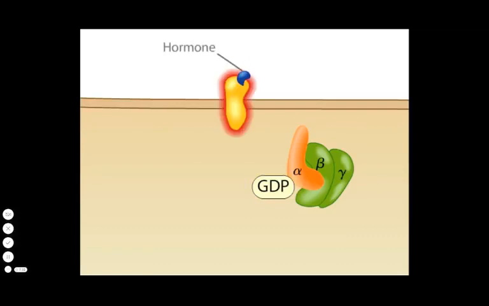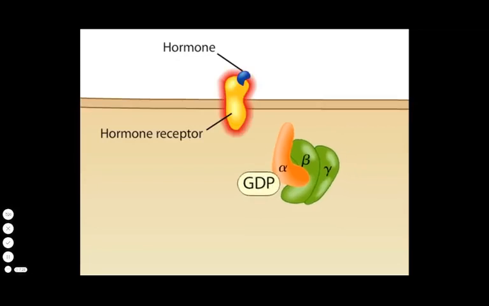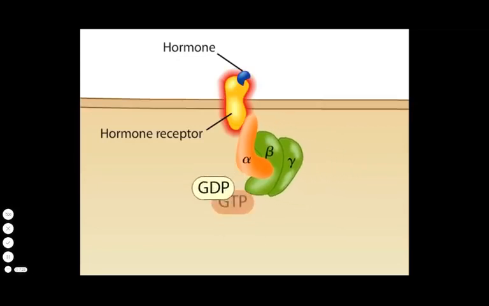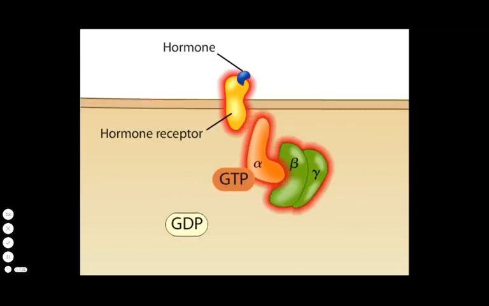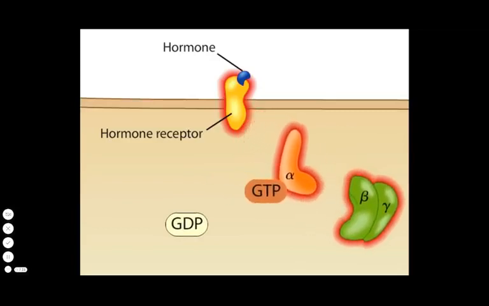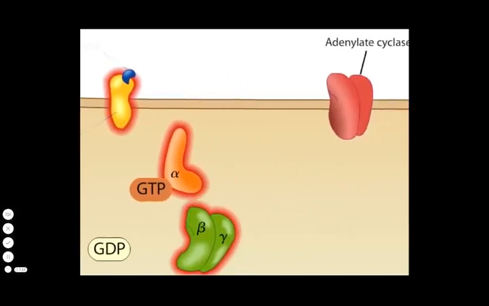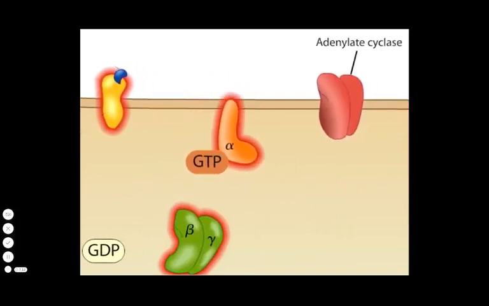When a hormone activates an appropriate receptor, the activated receptor can activate the G protein, allowing it to release GDP and take up GTP. The alpha subunit separates from the beta and gamma subunits. The activated alpha subunit can bind to and activate adenylate cyclase.